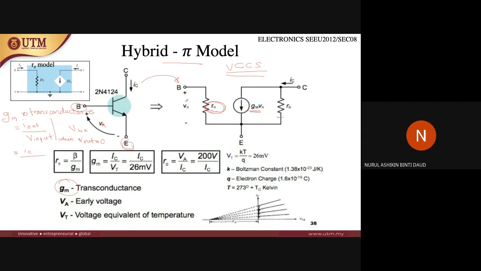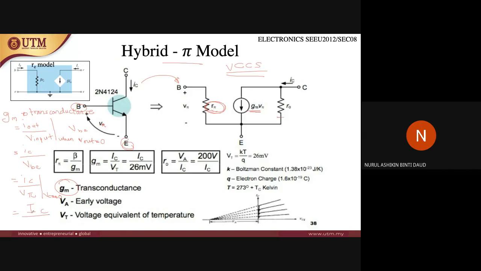V input is VBE, which in this case equals V pi, when VCE equals 0.